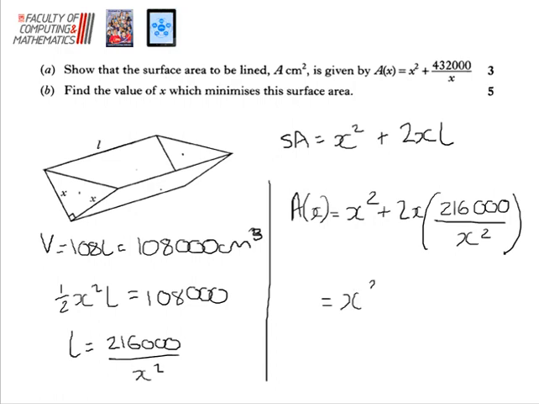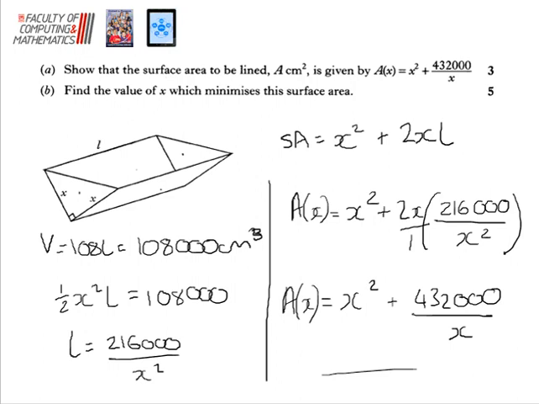Okay, which tidies up. x squared plus 2x times 216,000 is 432,000x, but then because there's an x squared on the bottom, that x will cancel out one of those and just leave you with 432,000 over x. Okay, so that's you showing it. Again, we've got some values for volume, so we can use that to give us an expression to sub out L and just have a function in terms of x.